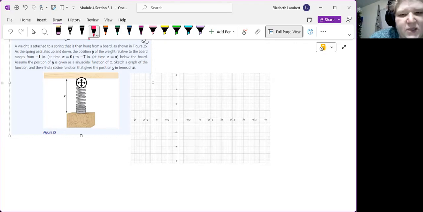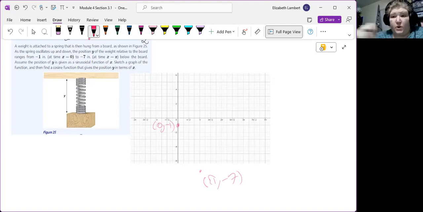All right. So at x equals 0, we are at -1. At x equals pi, we're all the way down here at -7. So that is our high point and our low point.